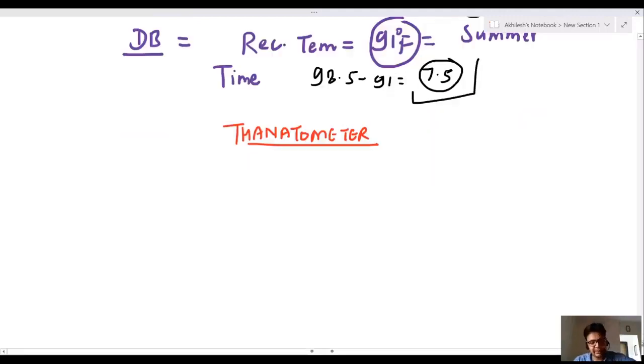We can use some other site also, but the best site is the rectum. Rectum is the ideal place for recording temperature. Okay. This is known as algor mortis.